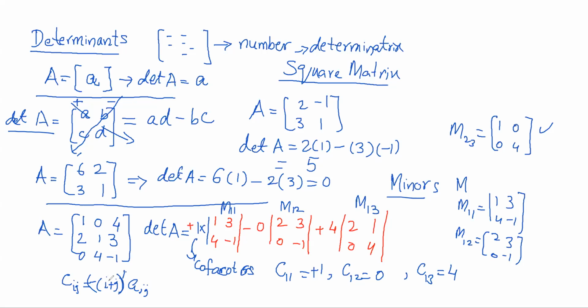For C11, I is 1, j is 1, 1 plus 1 is 2, so it will be 2 power 1, so +1. No, it is power I plus j. Okay, I just made some mess over here.